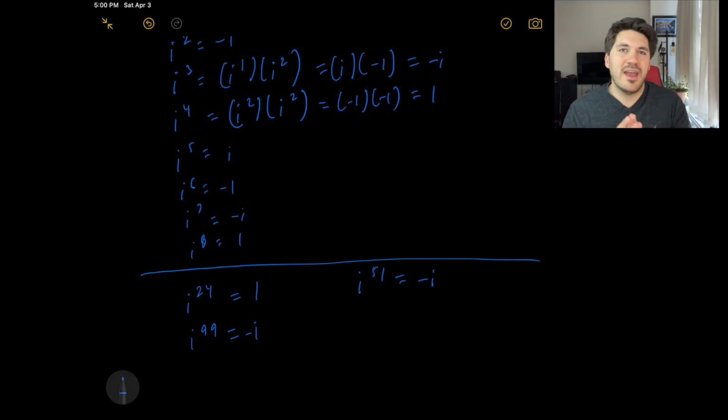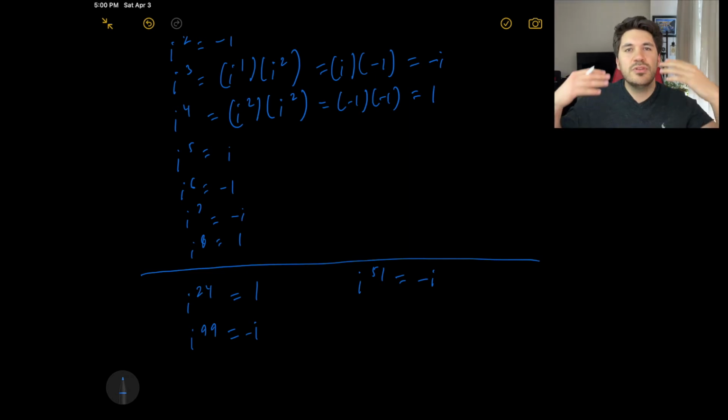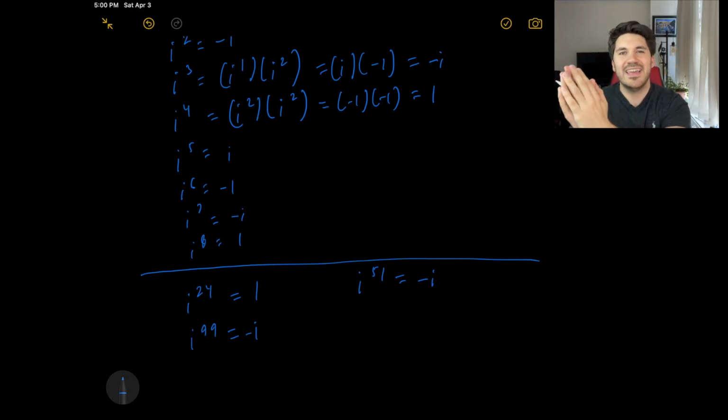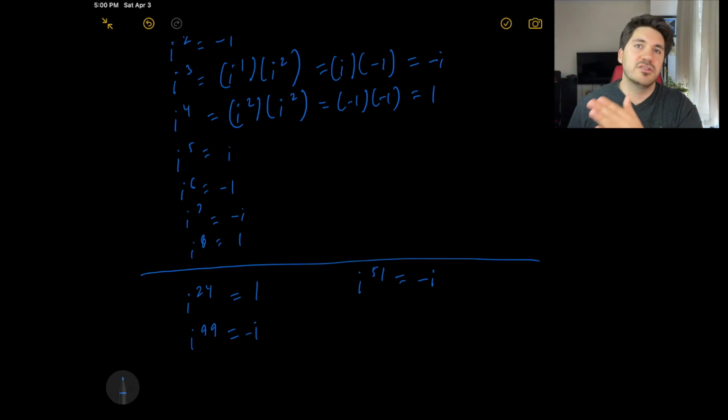You can do this for everything. You just need to remember those first 4 patterns. Then you need to find the closest multiple of 4 to whatever power you're looking for, and then just adjust from there. And that's it. Literally, for this kind of topic, that's it.